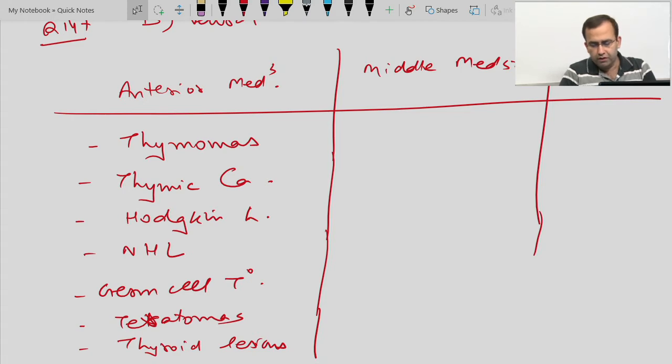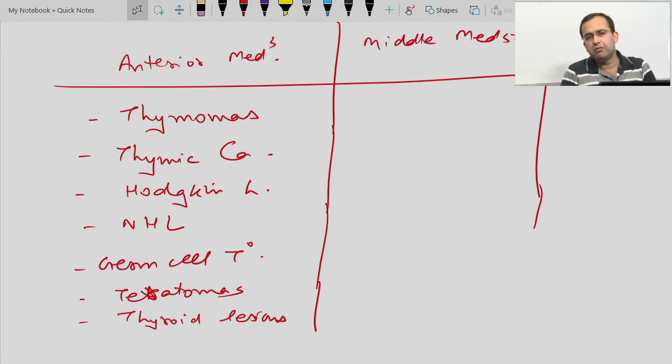These all occur in anterior mediastinum. Nothing to rectify, obvious: thymomas, thymic carcinomas, Hodgkin's, non-Hodgkin's, germ cell, teratoma, thyroid lesions.